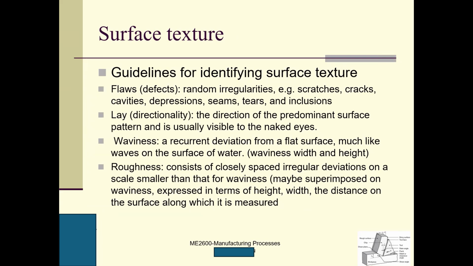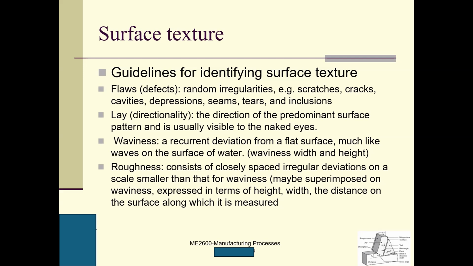These are flaws. These are what we call defects. The lay means the directionality, the direction of the predominant surface pattern, and it is usually visible to the naked eye. We don't need a microscope, and we can see this directionality.